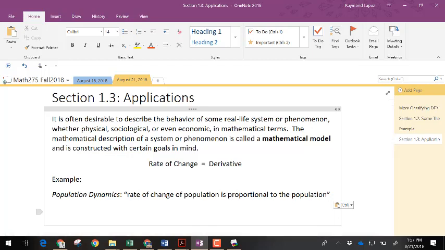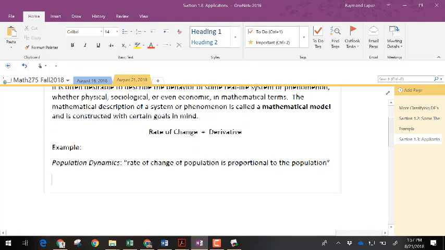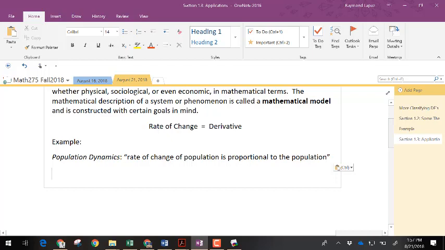Okay, so what we generally do is we let the function that we're solving for equal a specific variable. Now we can call that P for population, we can call it Y because that's what we usually call our dependent variable, but we can call it whatever we want. Okay, so let A equal the population.